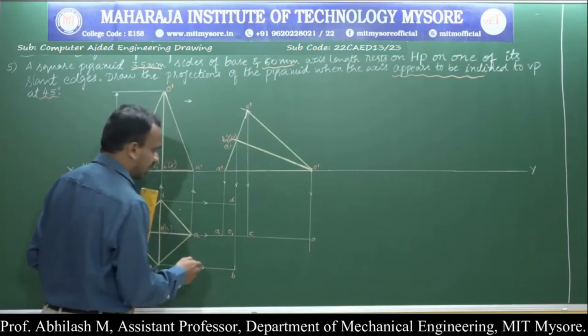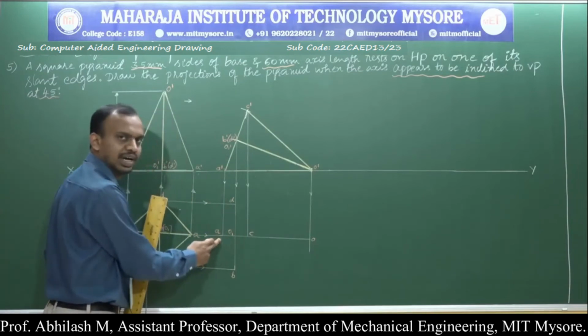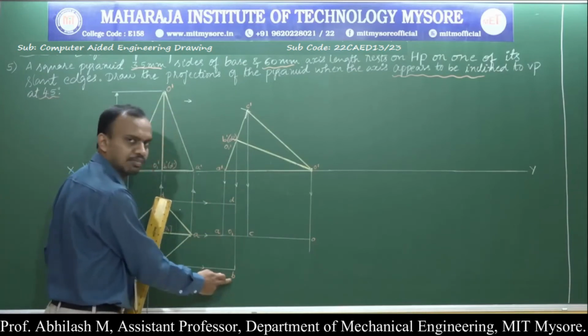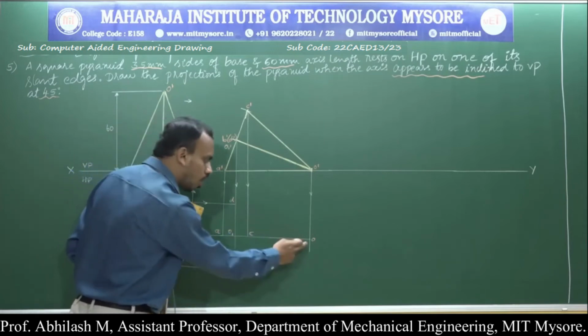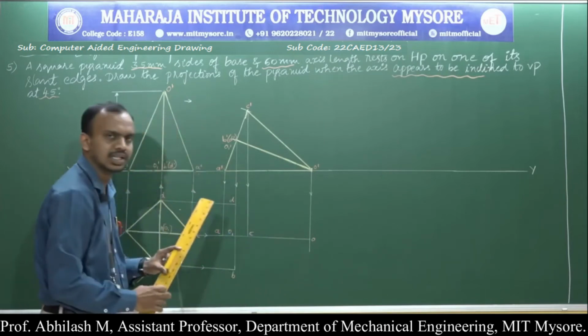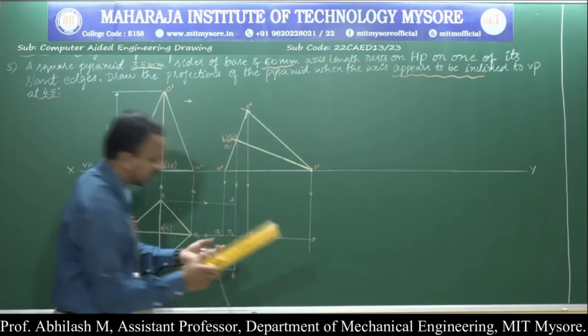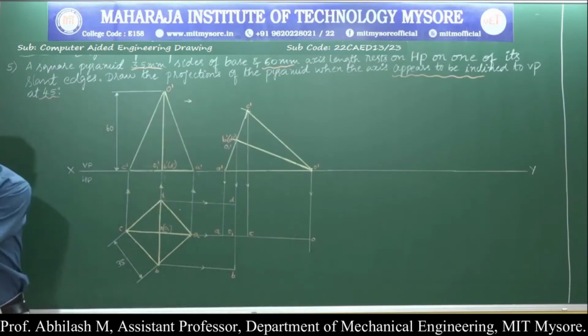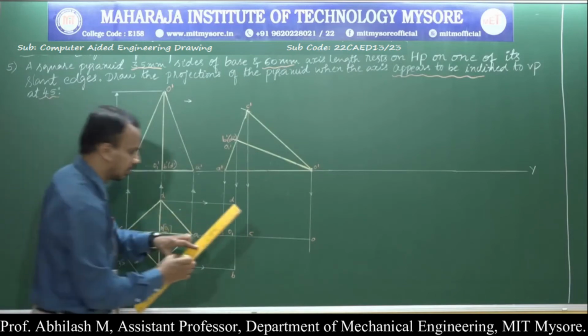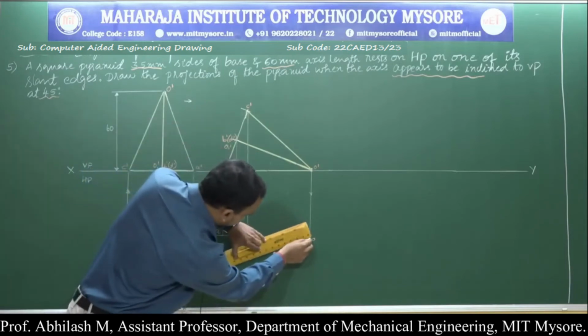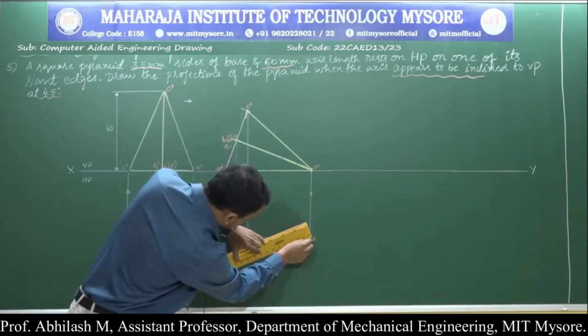So outer edges or the faces, A to D completely visible, A to B completely visible, D to O visible, and O to B is visible. So just with the help of a thick line, complete that particular condition.